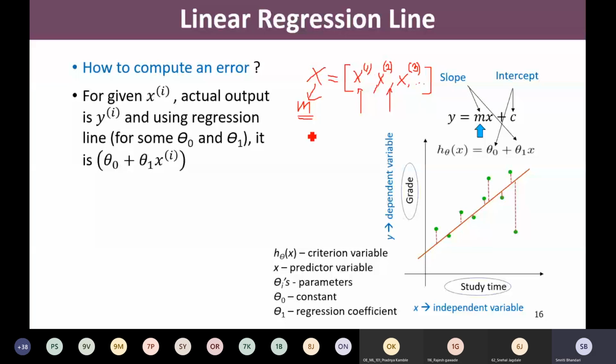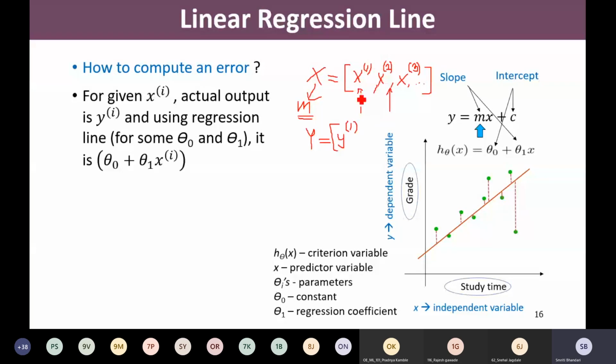Right? Now, associated with every data point, I am having a label. So, if this X superscript 1 is my first data sample in my training data set, associated with this data sample X1, I will be having the output value, and that is denoted as Y superscript 1.